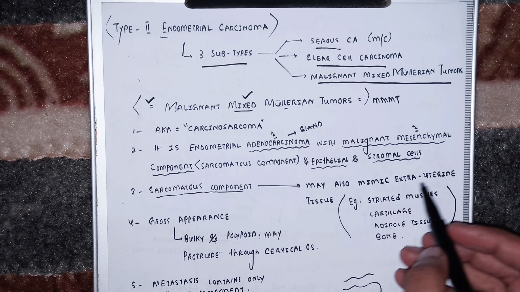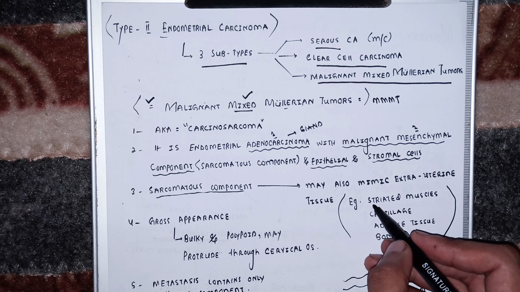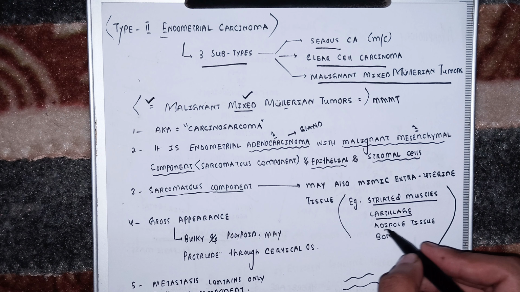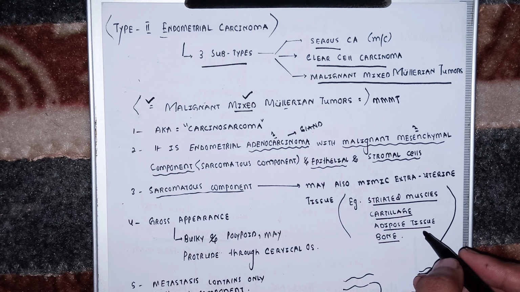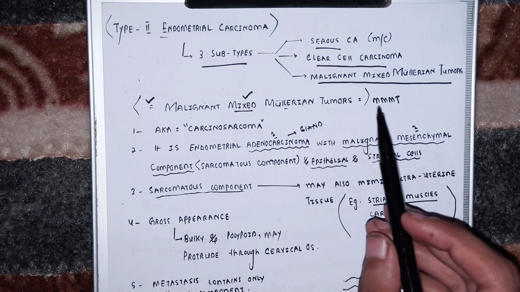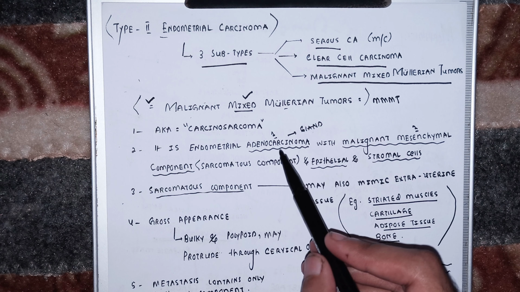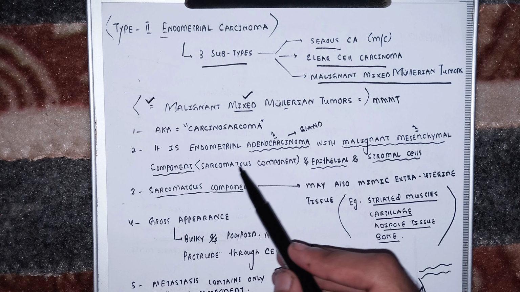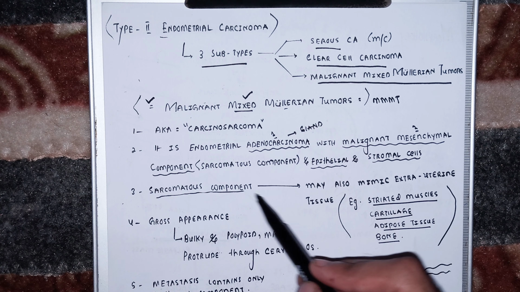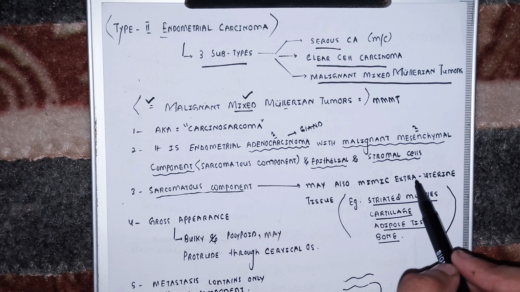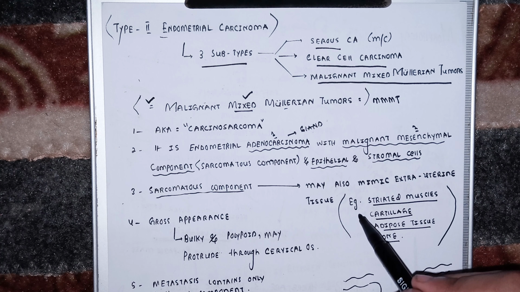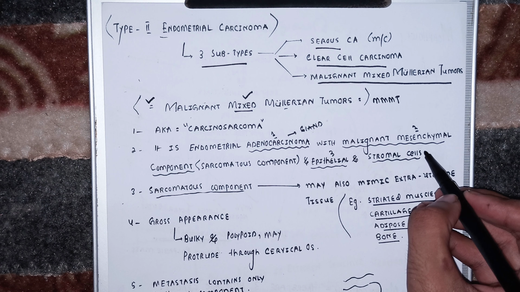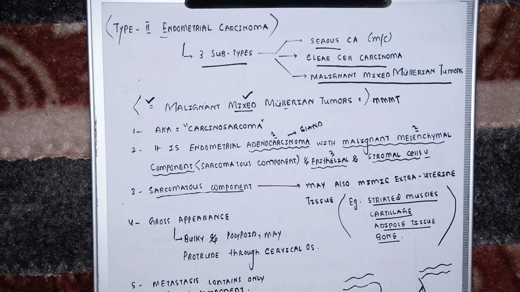It may mimic some extrauterine tissue, like striated muscle cells, myocytes, cartilage, chondrocytes, adipocytes, and few osteocytes. So this MMMT contains the glandular component with malignant mesenchymal component, also called the sarcomatous component, which mimics the extrauterine tissues.